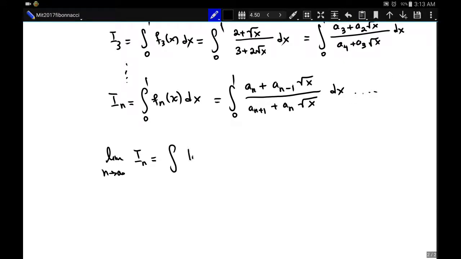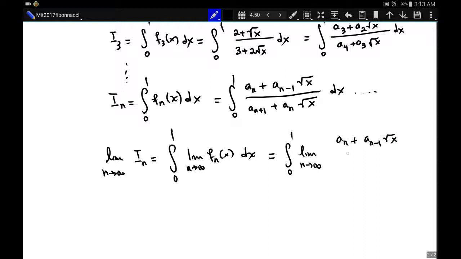It's the limit of fn of x as n goes to infinity, from 0 to 1. You just calculate this and then integrate. That's what In is. Alright. So it's going to be from 0 to 1, limit as n goes to infinity, an plus an minus 1 root x divided by an plus 1 plus an root x dx.